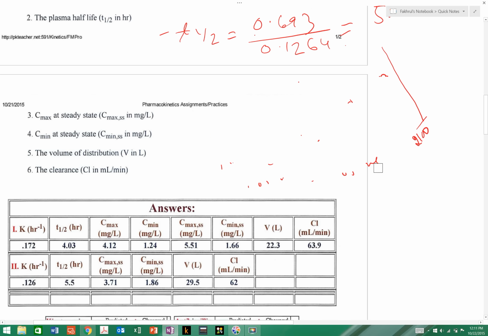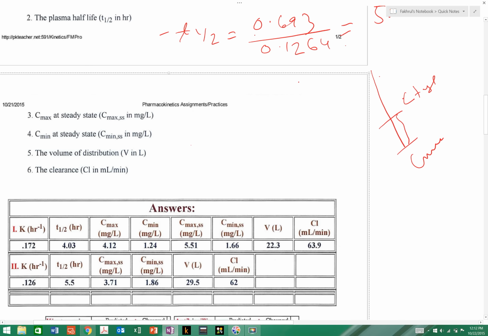This is a particularly confusing and tricky thing, and I'm glad this assignment came out as a tricky one. We have been talking about taking C trough and Cmean, and we have been saying there will be a time difference, but in this case, the Cmean and C trough sample was taken during the Cmean time. So that's why there is no difference. When there is no difference, C trough and Cmean are going to be similar.